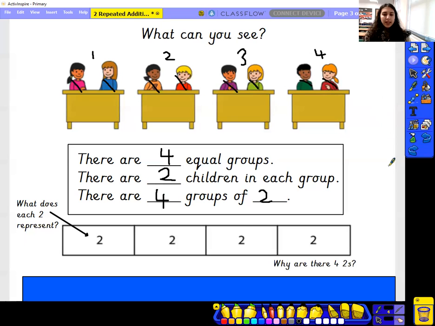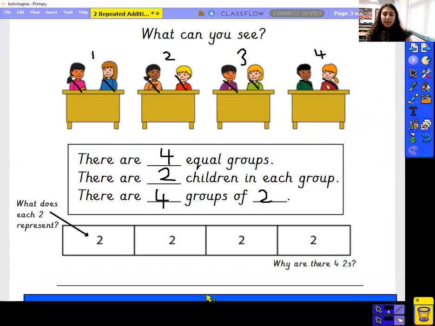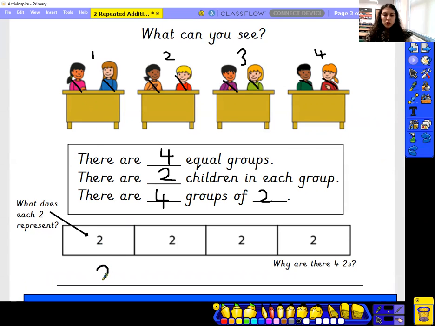So instead of saying I've got 4 groups of 2, what I could say instead is I've got 2 and 2 and 2 and 2. And we can write that as an addition like this: 2 and 2 and 2 and 2.